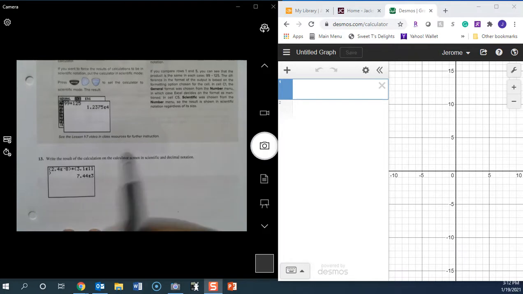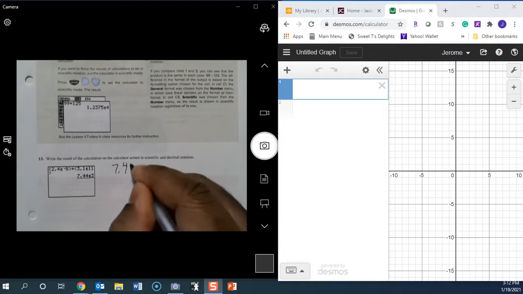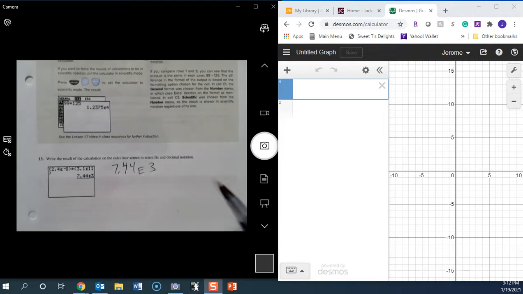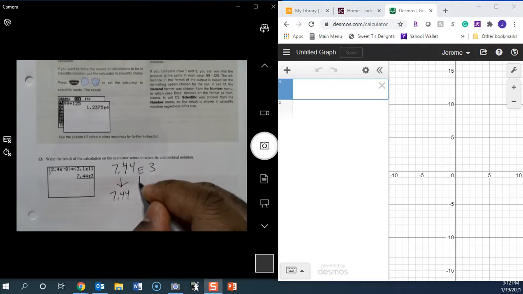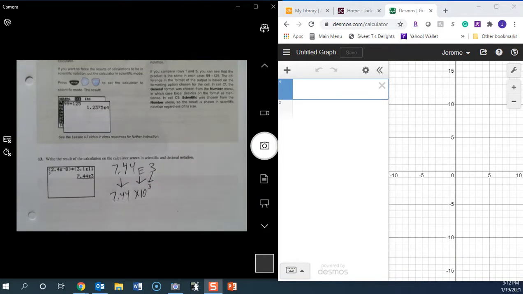So here, you have 7.44E3. Now, the 7.44 would stay 7.44. This E is times 10. This 3, the number behind the E, is the exponent. So this is what this means.